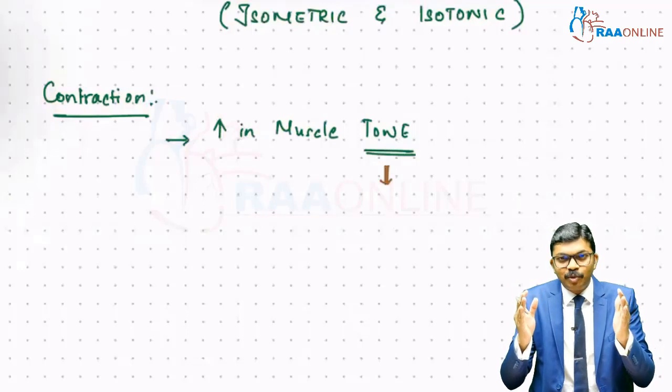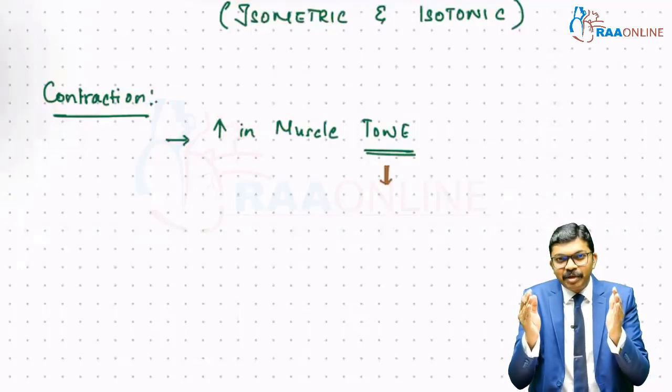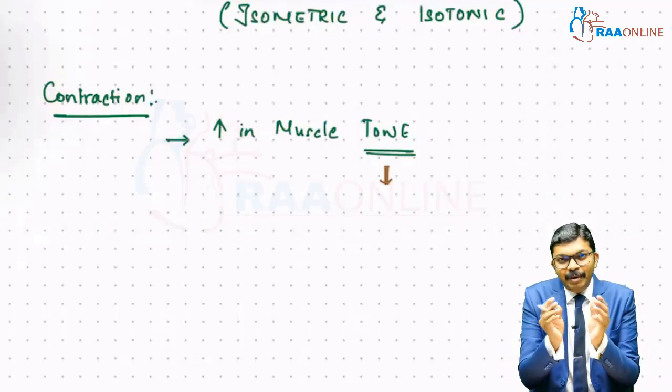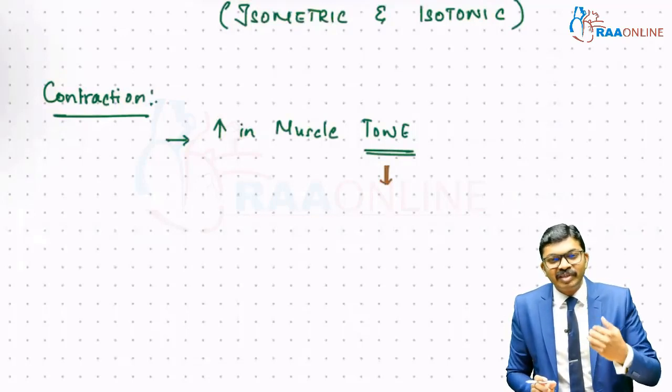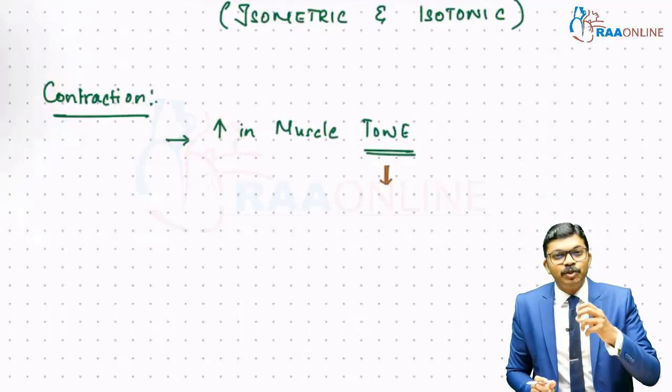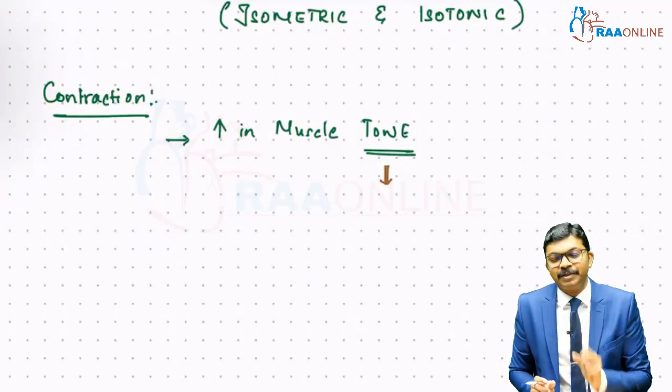So a whole sarcomere, if you consider, is going to be brought into an element of shortening. That shortening of sarcomere, because of thick and thin filament interaction, is going to make the muscle cell be in a state of partial contraction.